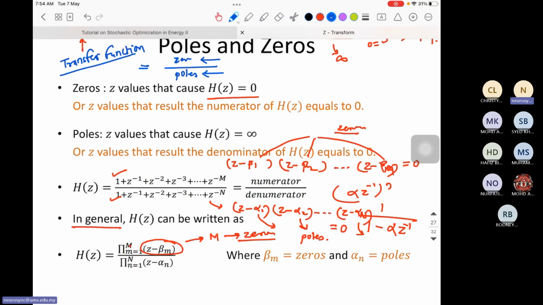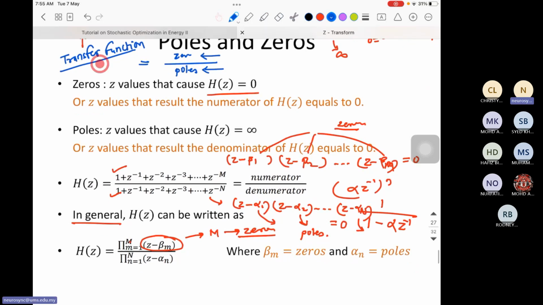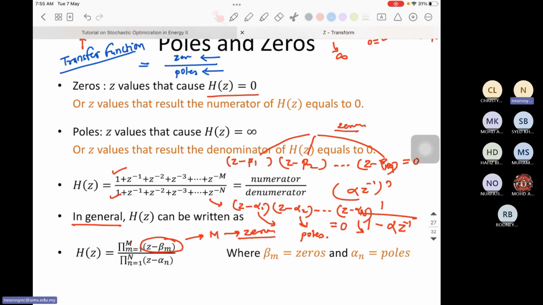The places where the transfer function is infinite are the poles of the system, and for stability, poles are very important. Poles determine the region of convergence, or the stability of the system.